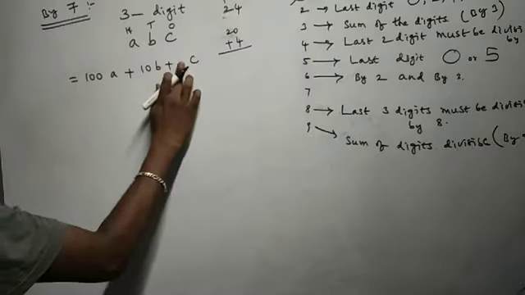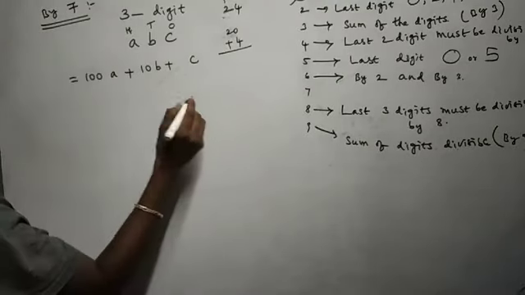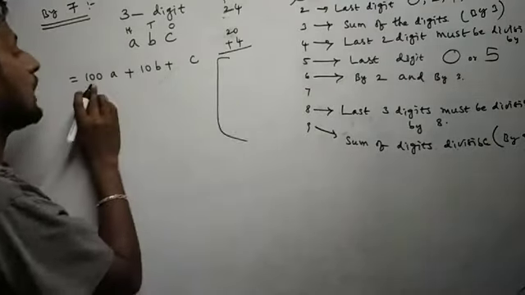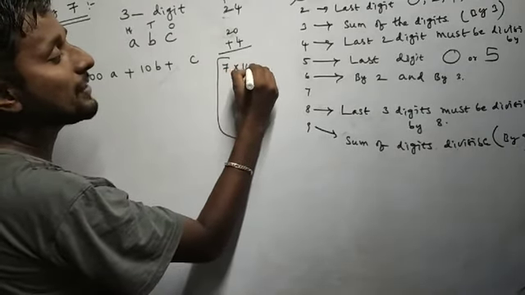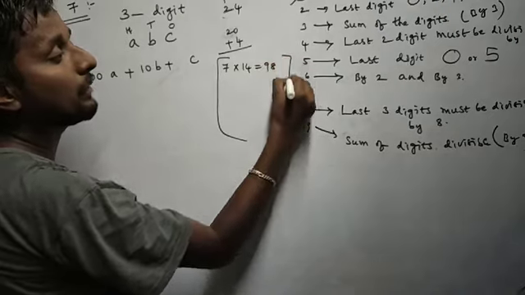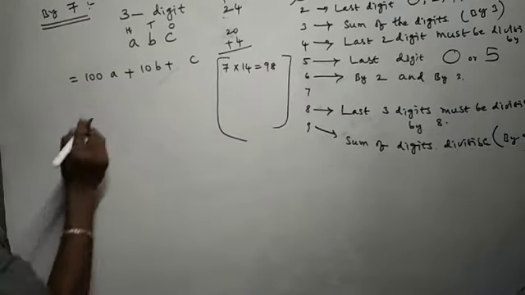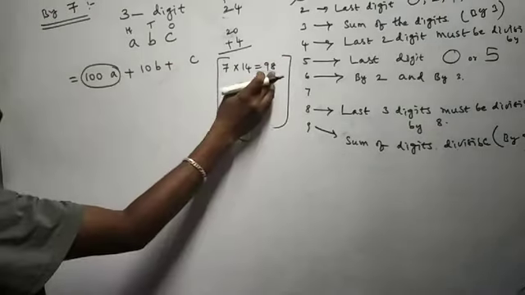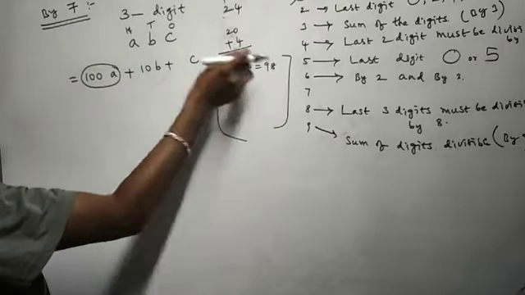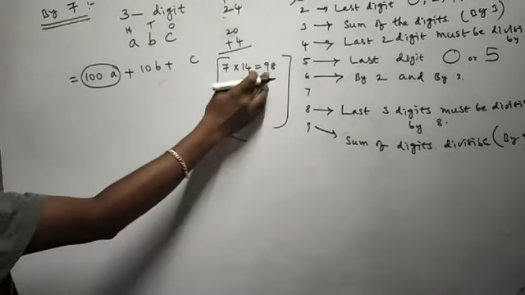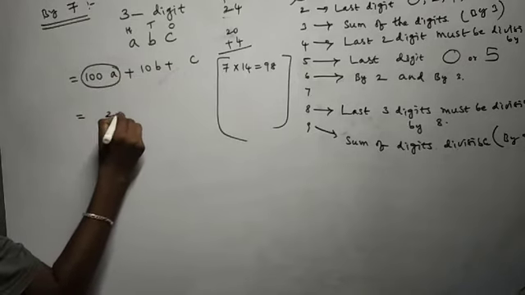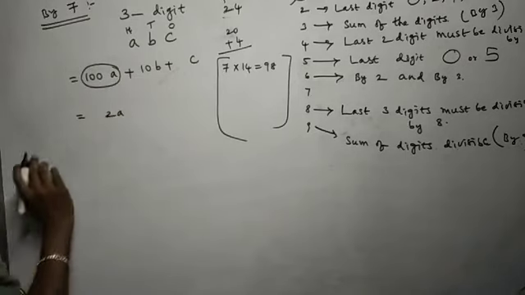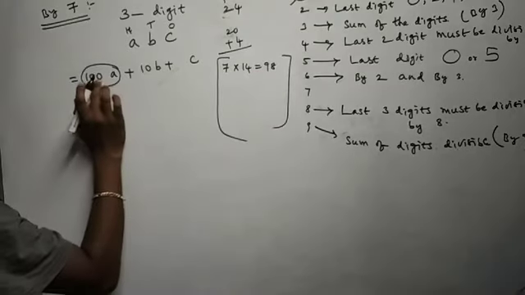Next, 7. Here we have 100, right? In the 7 table, 14 sevens are 98. Why write this? Because up to 98 is divisible by 7. But we have 100, so how much extra? 2A is extra.